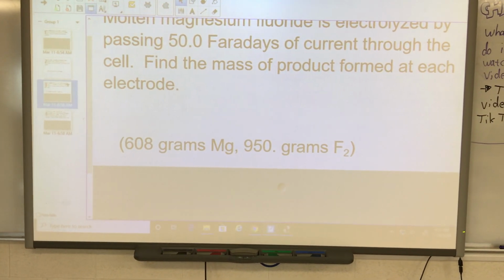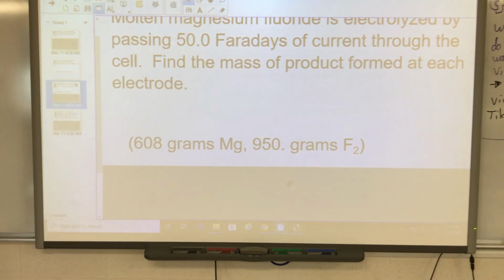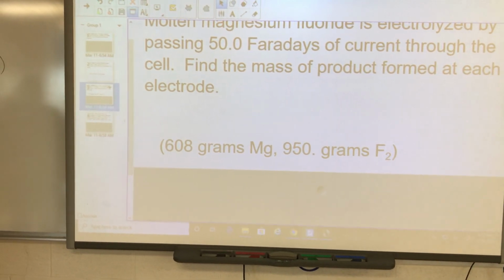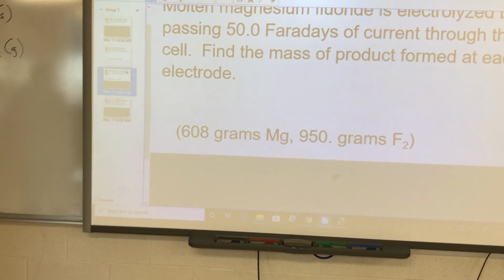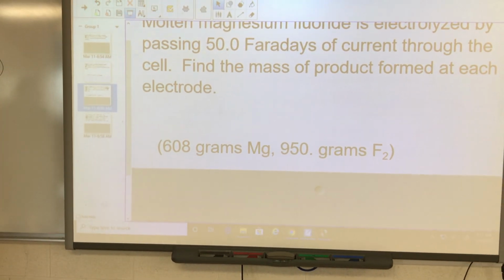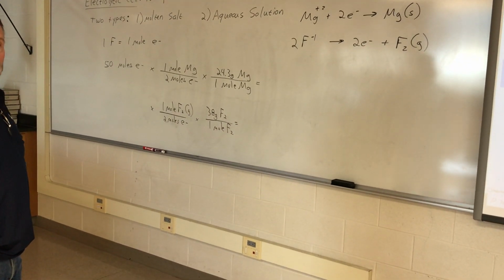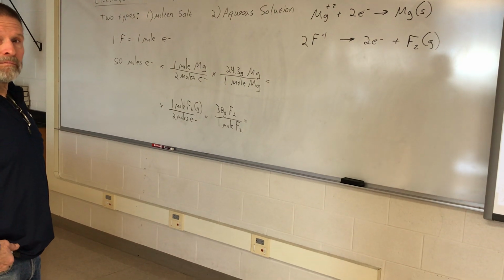So that's what electrolysis is for, taking something that wouldn't naturally happen and forcing it to happen. So you can get pure magnesium this way, we get pure fluorine this way. We don't find magnesium pure in nature because it's pretty reactive. Yeah. So we have to do this electrolysis method to be able to break those things apart.